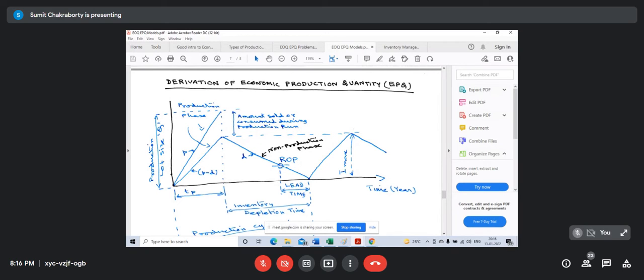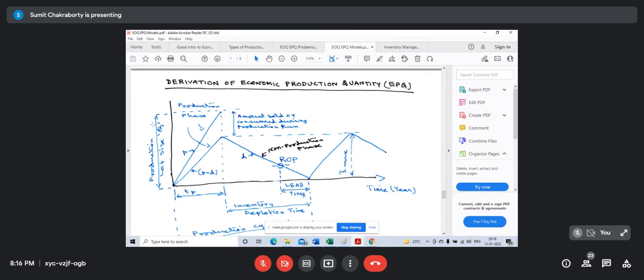And ROP, the quantity level at which we need to place the order for setting up the machines and starting production, so that as soon as the inventory level becomes zero, production starts. So at the inventory accumulation rate P minus D, the maximum inventory is I max.